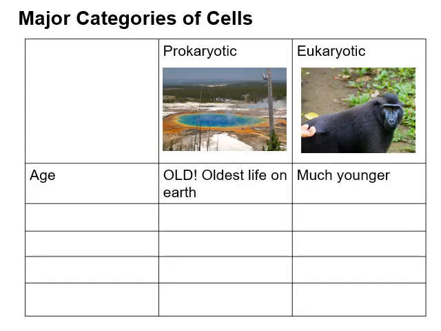First of all, in terms of age, prokaryotic cells have been around a lot longer than eukaryotic cells, right? Prokaryotes were the first living things on this planet. There's evidence that those first living things date back to somewhere around 3.5 billion years ago.